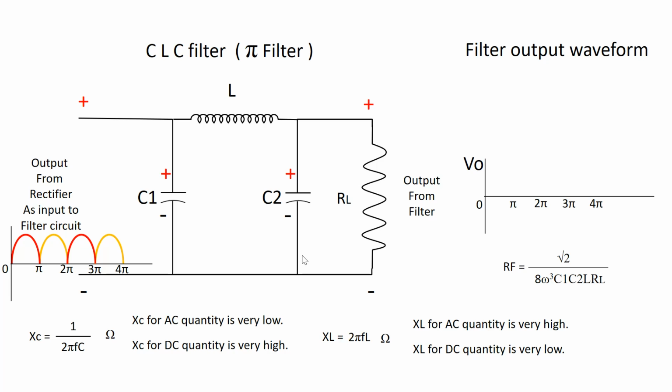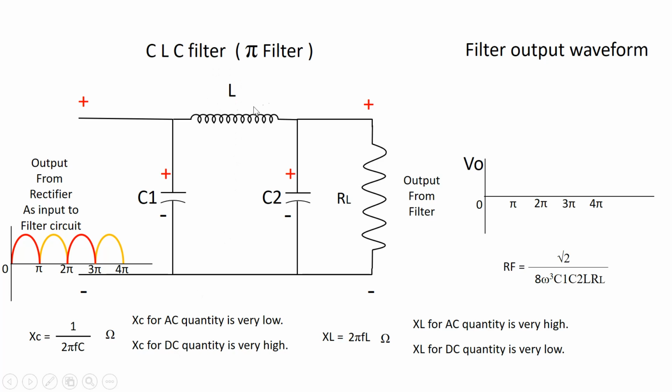This is even called the pi filter. As discussed in the previous circuit, the capacitive reactance of the capacitors C1 and C2 will have very low opposition for the AC quantities, and they will be offering very high resistance for the DC quantities.